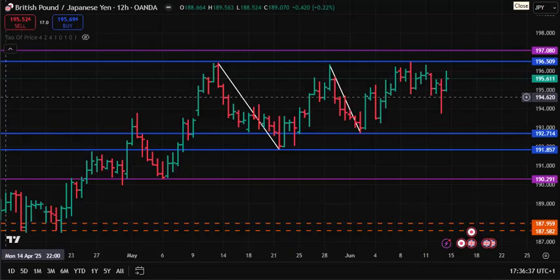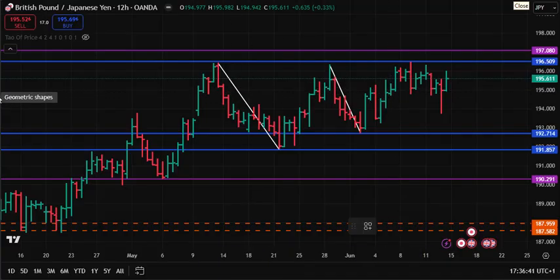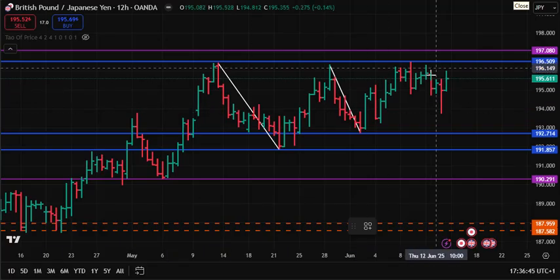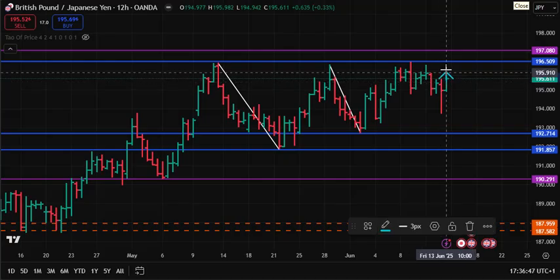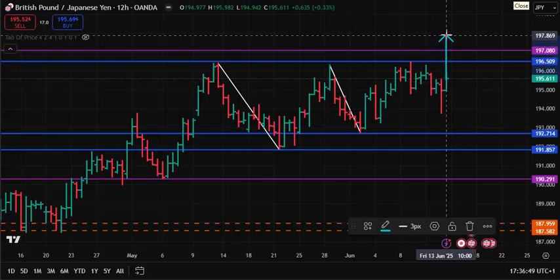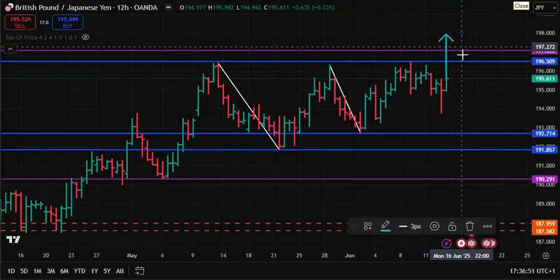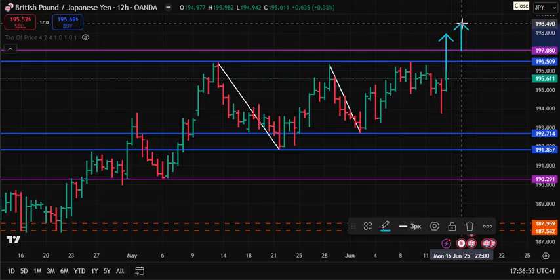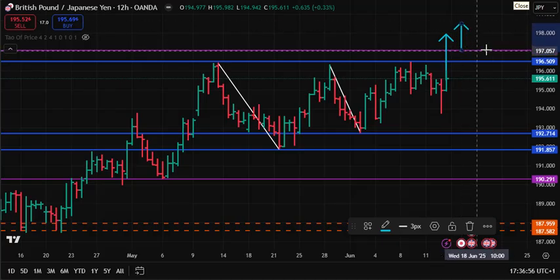So what I would like to see, if I really think cable is breaking out and we're heading back towards 199, 200, is one higher high here, followed by another higher high. Now, it's a little bit of an exaggeration because I'm already up by the 198.